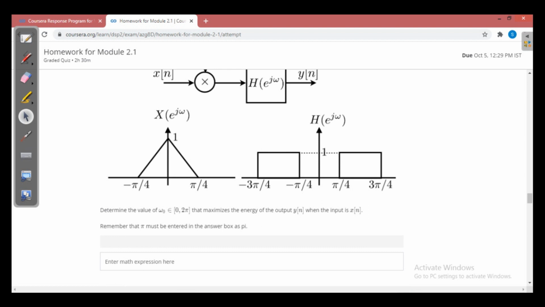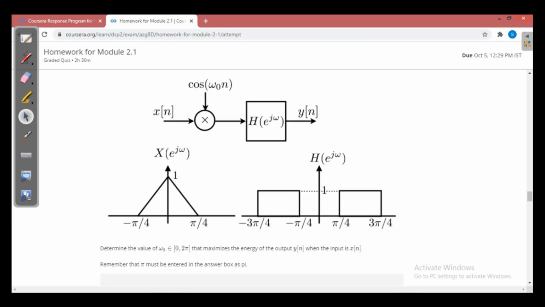Okay, so we need to find, third, determine the value of omega naught that maximizes the energy of the output y of n when the input signal is x of n. So when we get the maximum energy, means when this complete spectrum is passed to the filter, then only we'll get the maximum energy.